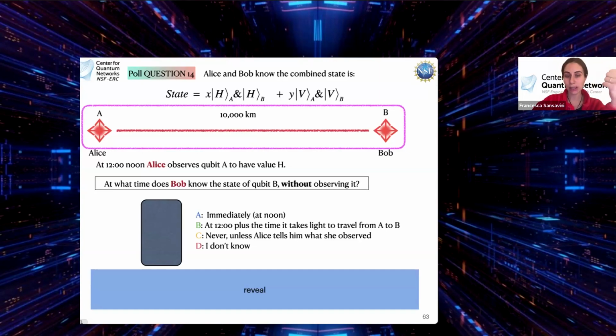Again, is it immediately? Is it at noon plus the time it takes light to travel from A to B? Or is it never unless Alice tells him what she observed? And we can pull up the results.